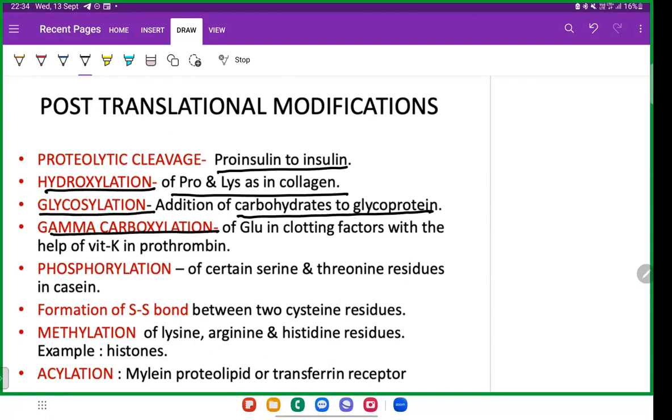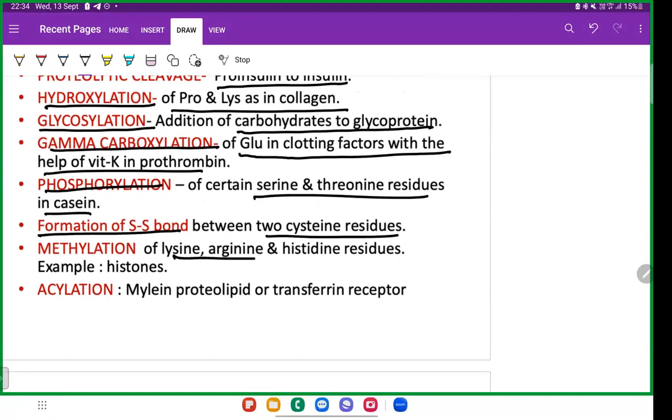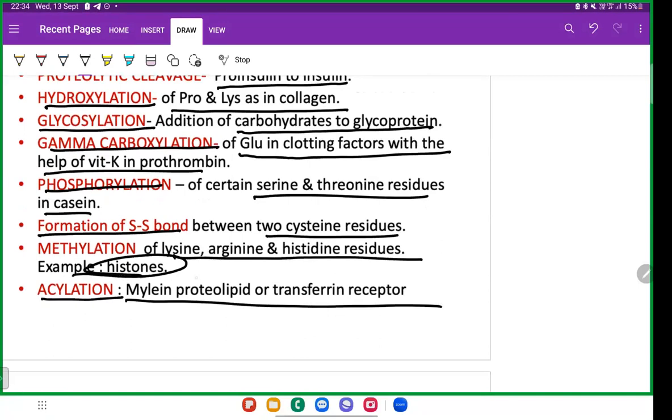Gamma carboxylation is done on glutamate, with vitamin K. Phosphorylation: serine, threonine. Formation of disulfide bonds: two cysteine residues. Methylation: lysine, arginine, histidine. An example is histones. You know the histones, right? They are the ones that bind your DNA.